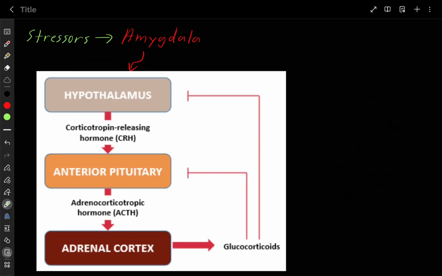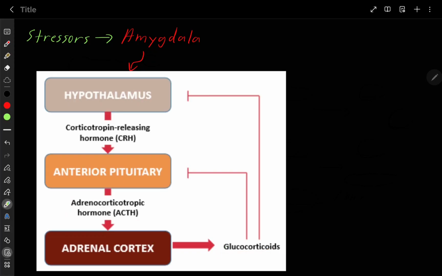In response to the amygdala's activation, your hypothalamus is going to release the hormone CRH, or corticotropin releasing hormone. And that's going to stimulate your anterior pituitary to release ACTH, or adrenocorticotropic hormone. And that is finally going to stimulate your adrenal cortex to release glucocorticoids, including cortisol.